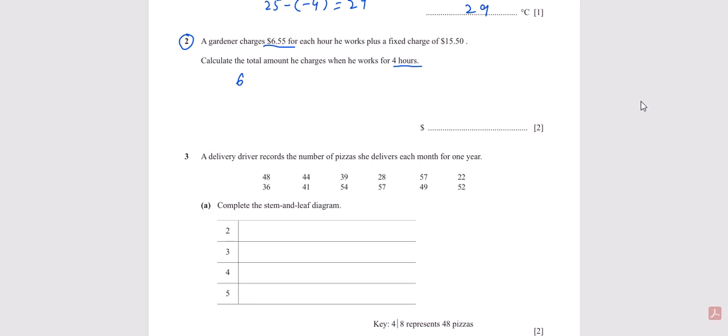So 6.55 multiplied by 4 hours is equal to 26.2, and this one is the fixed charge, so add 15.50. Sum of these values we get 41.7. So final answer is $41.7.